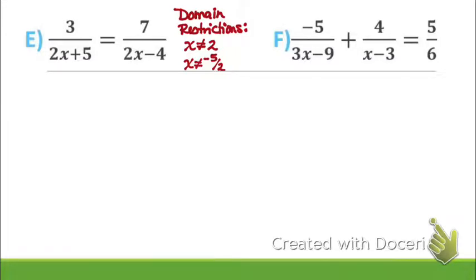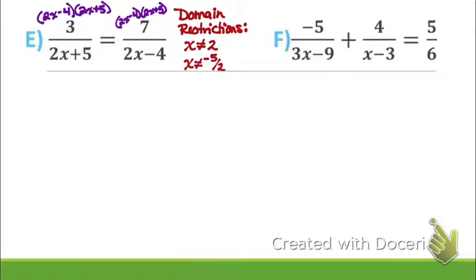All right, I'm going to multiply this first fraction here by 2x minus 4 and 2x plus 5, and the same thing to my second fraction. I only have 2 terms in this equation, one on each side of my equal sign.